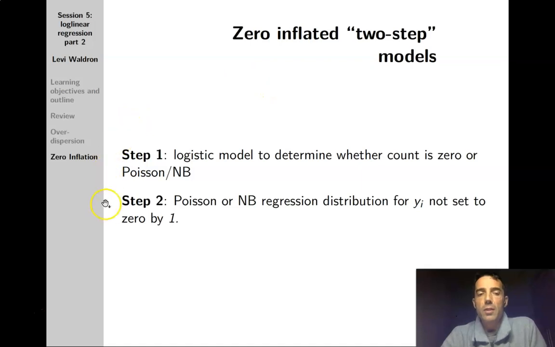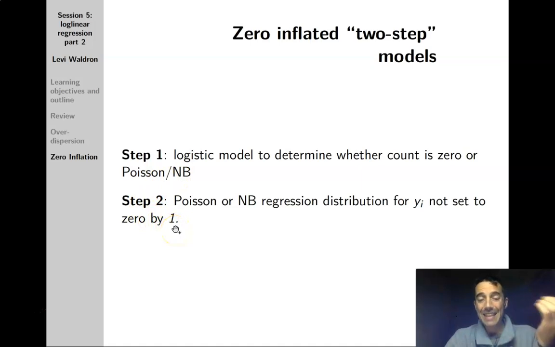It's called a two-step model because it's a mixture of these two models, and you can think of it as being a stepwise or a hurdle model, where your first step is you have a logistic regression model to determine whether the count for a particular observation is 0 or something else, like Poisson or negative binomial distributed.